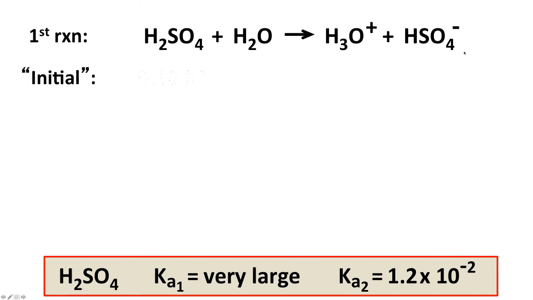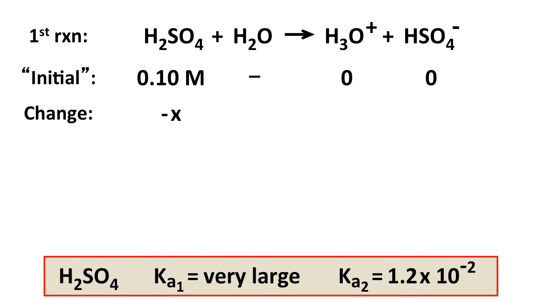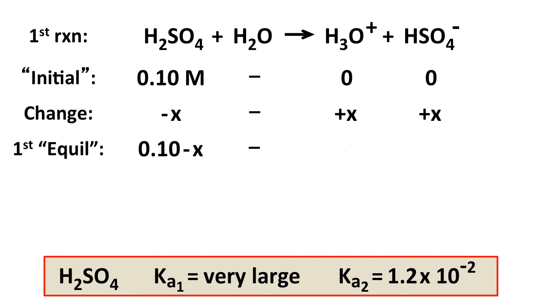If we set up our usual ice table, our nominal initial concentration is 0.1 molar. We ignore the water and pretend it hasn't dissociated. Then the change will be that the H2SO4 goes down and the H3O plus and the HSO4 minus go up, so minus X, plus X, and plus X. And then at equilibrium, the first equilibrium, we have 0.1 minus X, and then X and X.